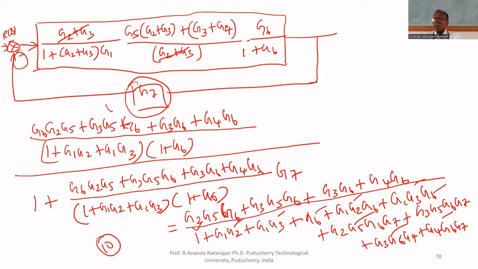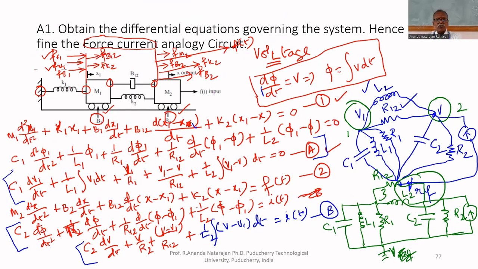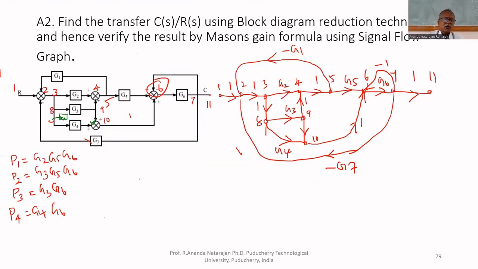Even with the block diagram reduction, you can check the signal flow graph. In the denominator, how many elements do you have to get? 10 elements. Already I counted and wrote 10. So, while writing the number of loops, you can check that. Okay, only 4 forward paths. Let us check whether it is correct or not.